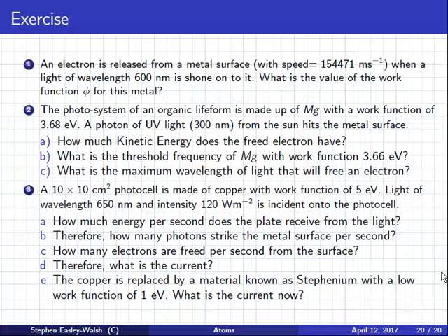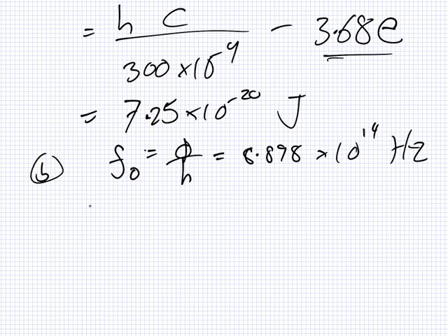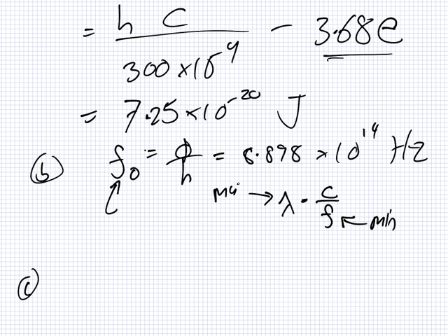Finally, what is the maximum wavelength of light that will free an electron? So remember, I'm being a bit sneaky here, this is the minimum frequency to free the electron. And if you think about the formula, wavelength equals c over frequency. When the frequency is at its minimum, the wavelength is at its maximum because of the 1 over relationship.